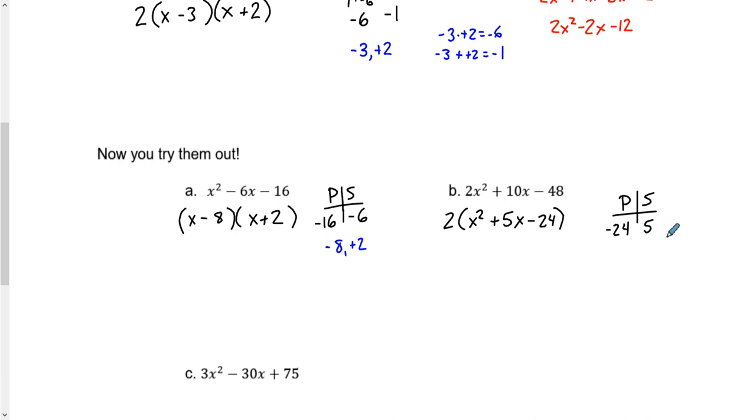The numbers may not come to you right away. But once again, it takes practice. 8 and -3. More specifically, a +8 and -3. Write down our factor that we've taken out. x add 8. x subtract 3.